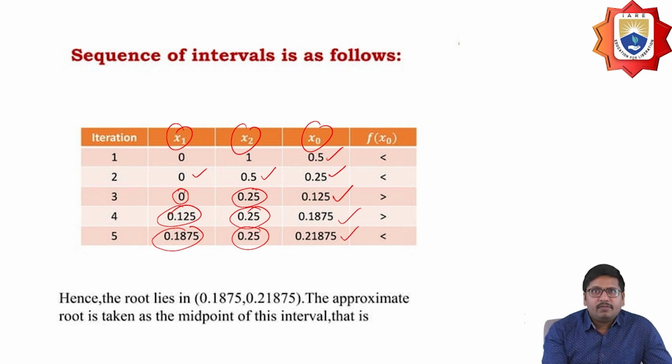Based on these values, x0 should be less than here, and greater than for these two, and here also it should be less than. Since it is greater than, I take the x1 value here. If it is less than, the x1 value should be 0.